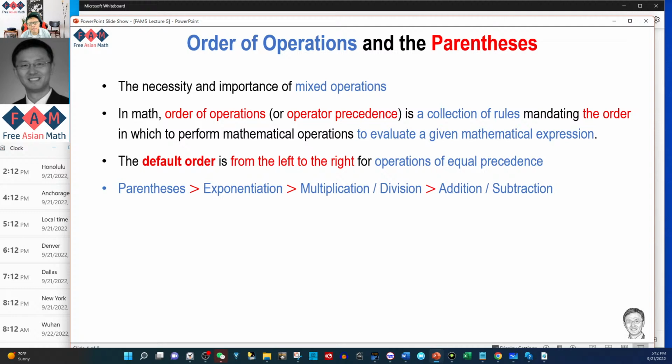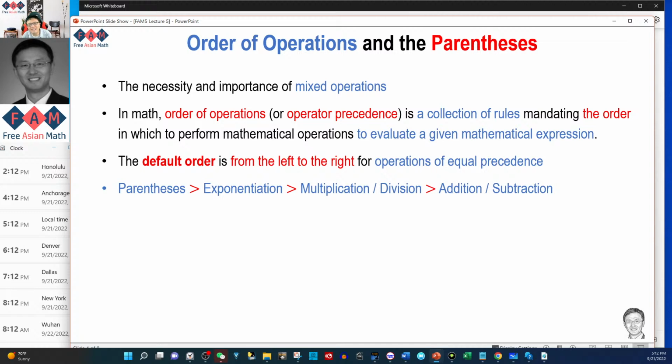And finally, we have this symbol called parentheses, which is a catch-all overriding rule, can make addition and subtraction have a higher precedence over, say, exponentiation or multiplication and division. So parentheses is of the highest precedence, which can override any other order. But without the parentheses, all those operations have a predefined order of precedence.